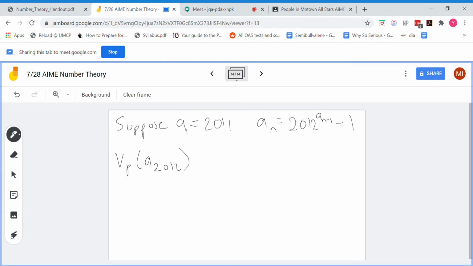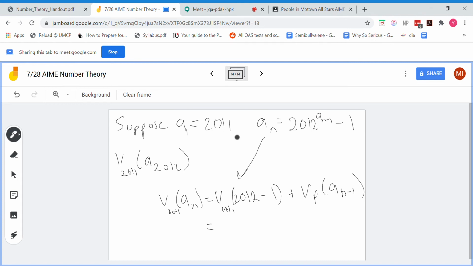Well, let's use lifting the exponent. So if we take this, VP of AN is going to equal VP of 2012 minus 1. We want to know, P here is 2011. I forgot to say that. So we want to know V 2011 plus VP of AN minus 1.